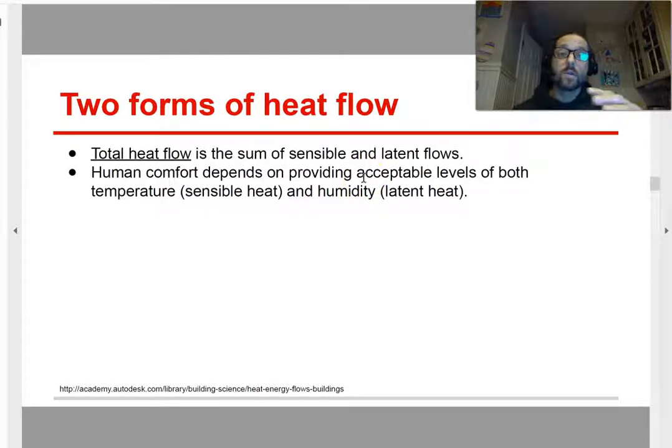So if you have 70-degree air that has very low humidity, and then you add some humidity to it without increasing the temperature, so it's still 70-degree dry bulb, but there's more vapor in it, it's going to have more latent heat, which means it's going to have a higher enthalpy. And that's something you have to consider, both in terms of your heating and cooling systems, but also in terms of building comfort.